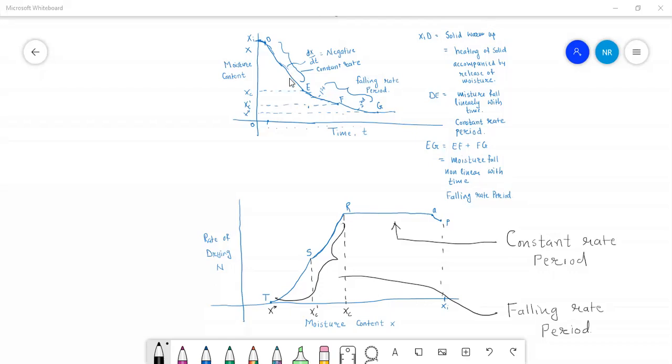Today we will not derive both equations, but we will derive only the one equation for the constant rate period. But before that, let me check whether any questions regarding the GATE examples are available for these sections, whatever we derived for the two graphs.